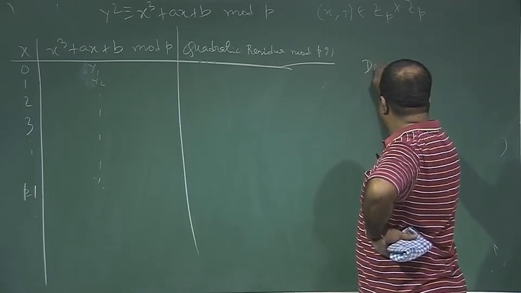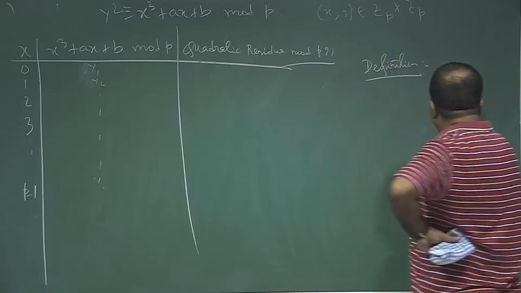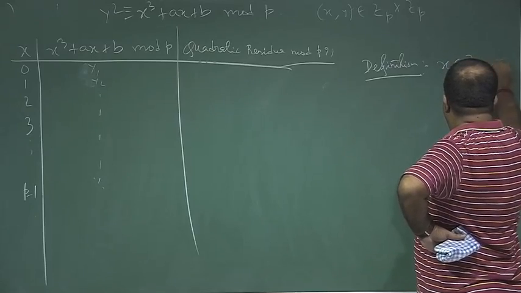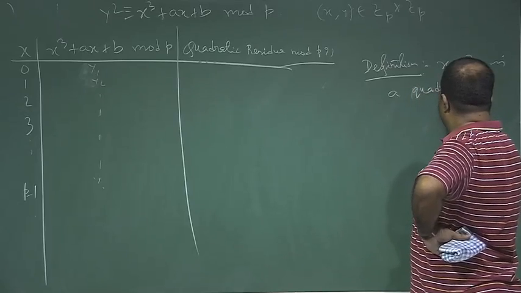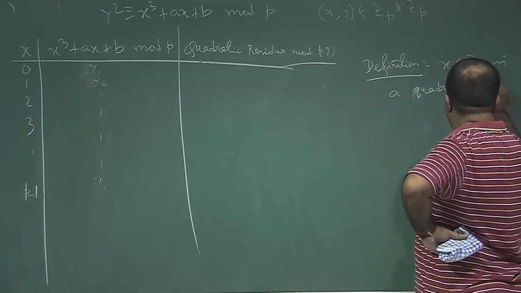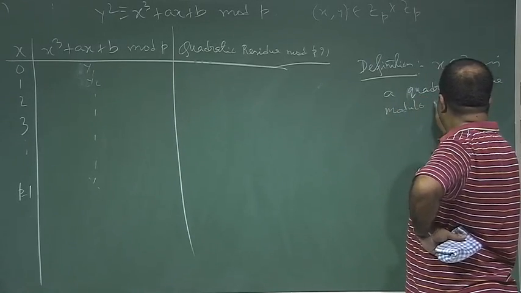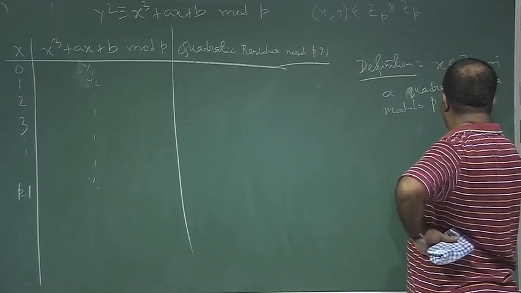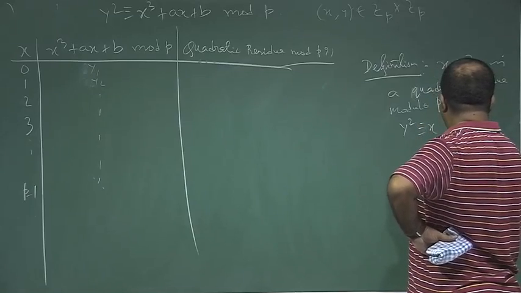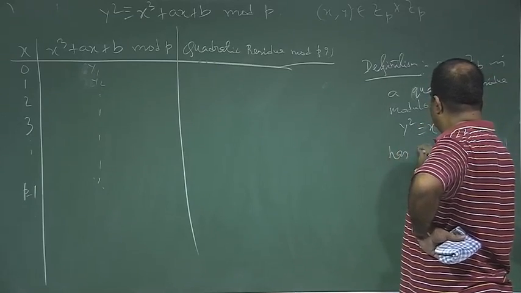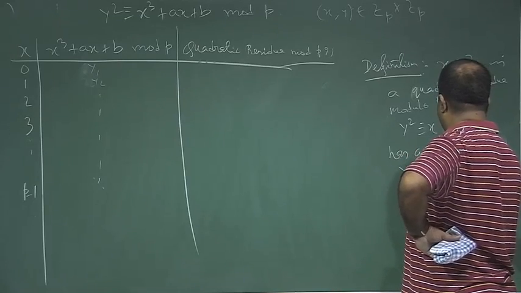So, this is the definition. x belonging to Zp is a quadratic residue modulo p if and only if y² is congruent to x mod p has a solution y in Zp.